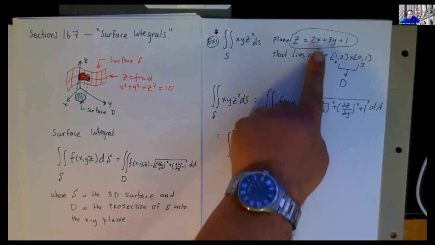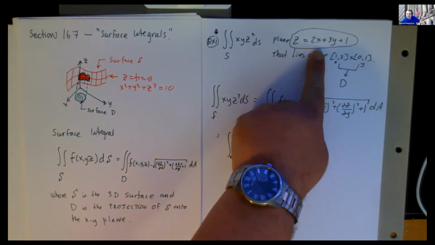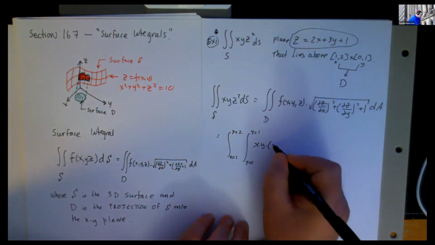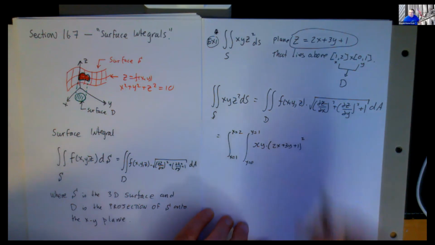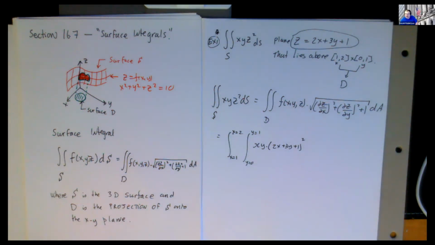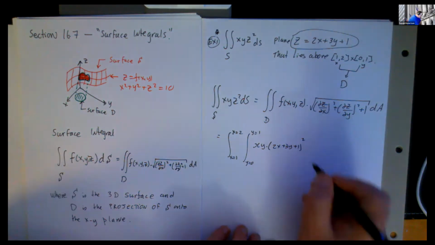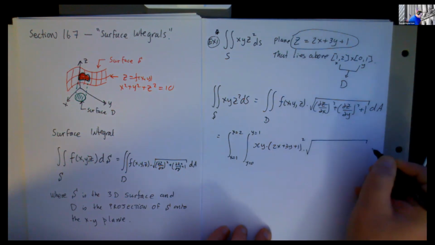And you see up here, z is 2x plus 3y plus 1. So z squared becomes (2x plus 3y plus 1) squared. Are you happy about what happened there? Right? Essentially substitution. Followed by square root, dA.